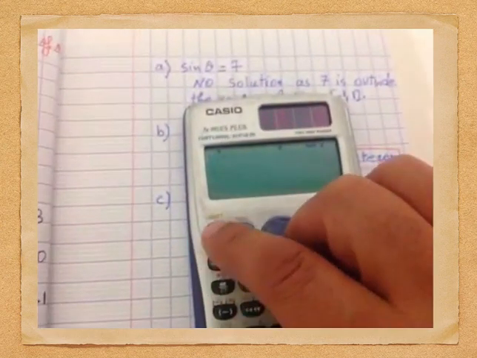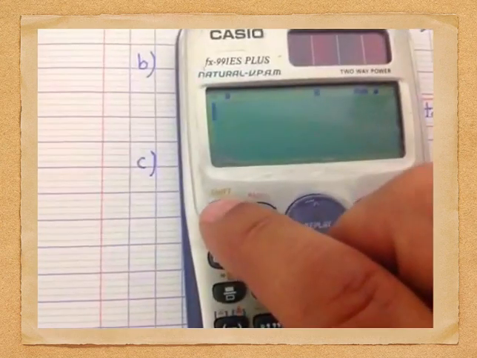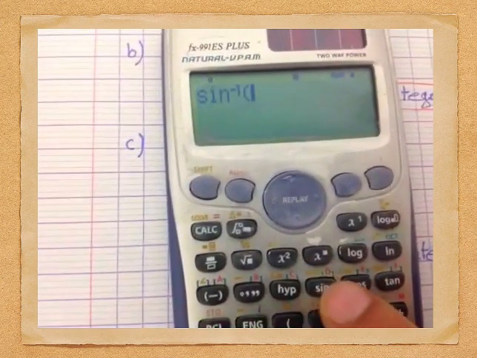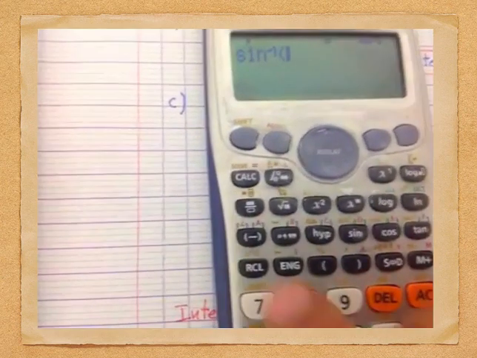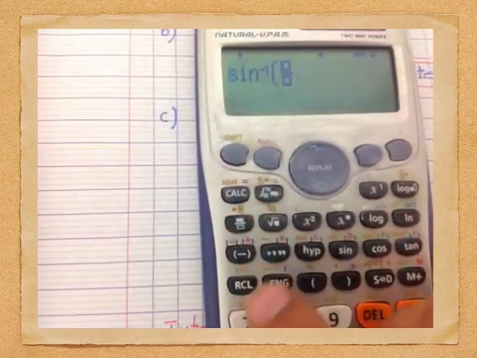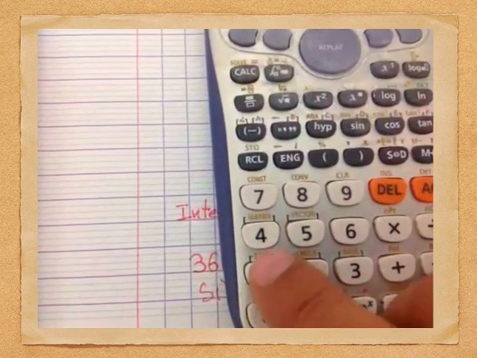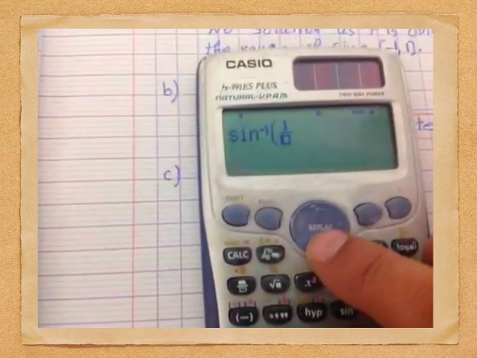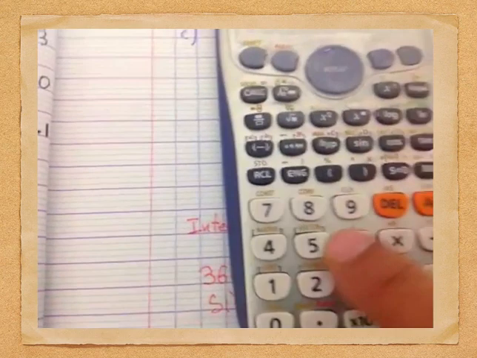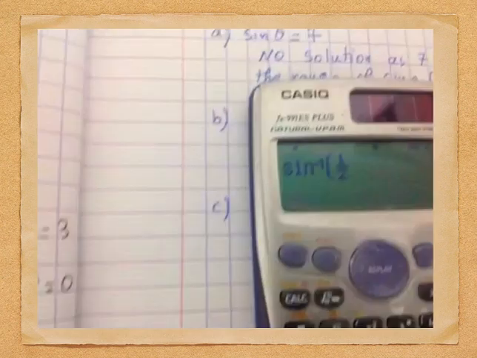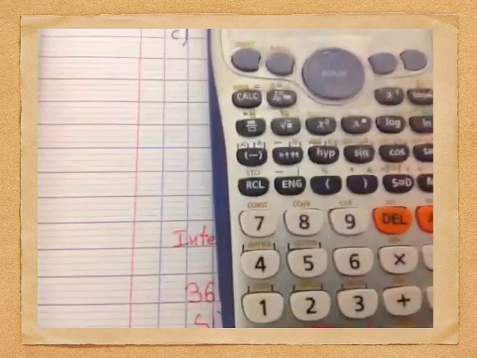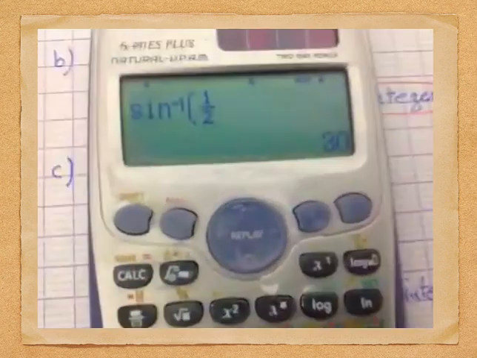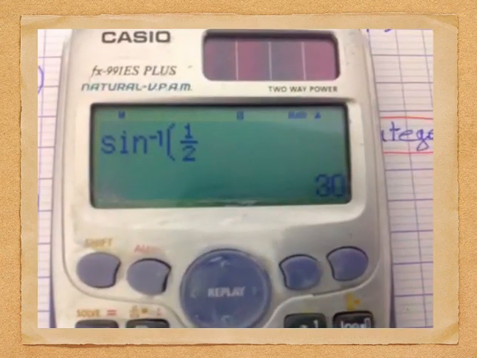So we said shift, sine, and then half, so 1 over 2. This is sine inverse half. Then you press equals, and you get your angle, 30 degrees.